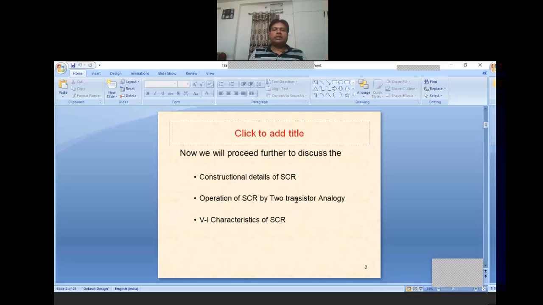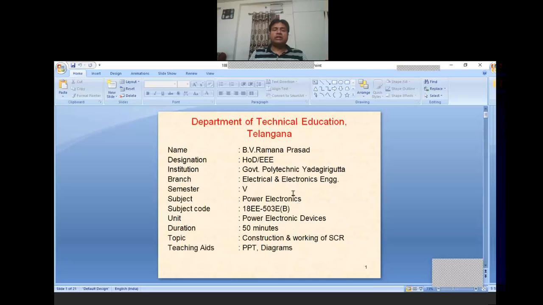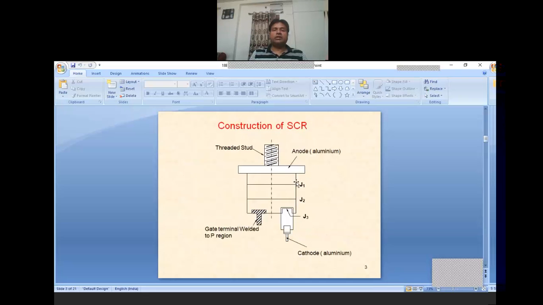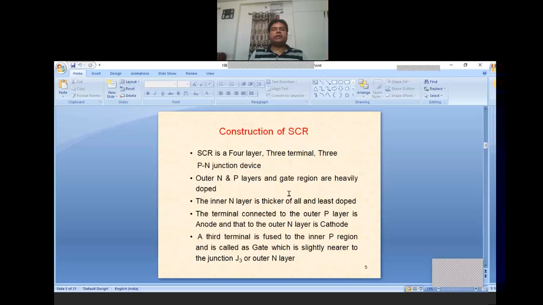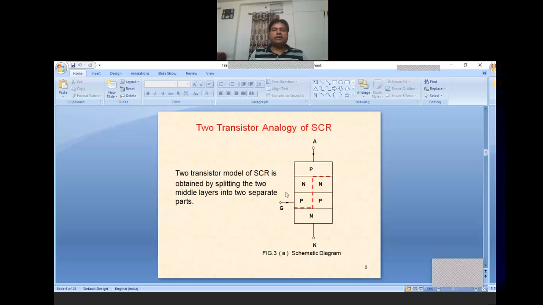And in this session, first we will discuss the constructional details of SCR, how it is manufactured, and how the layers are formed, and how it is fixed to a particular circuit board, and then layer by layer how it behaves, how the different dopings are done, and then we will compare its working and explain from the viewpoint of comparing it as equivalent to two transistors connected in a given fashion.